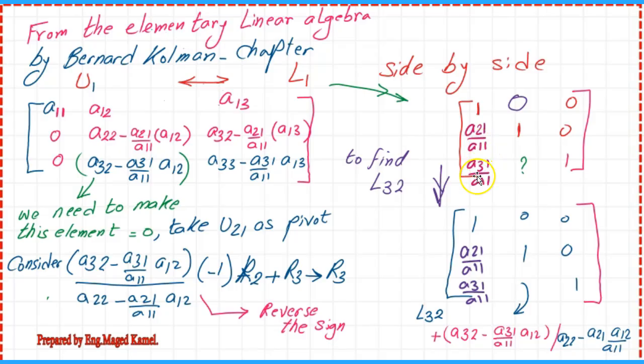This is L21, and L31 is A31 over A11, and this is unknown. You will come to know this value after we make this pivot and divide. We use this as a pivot, and we divide A32 minus A31 over A11 by A12 by the pivot in order to eliminate, to make this 0. Once we have done this operation, we change the sign and put it here as the value of L32.